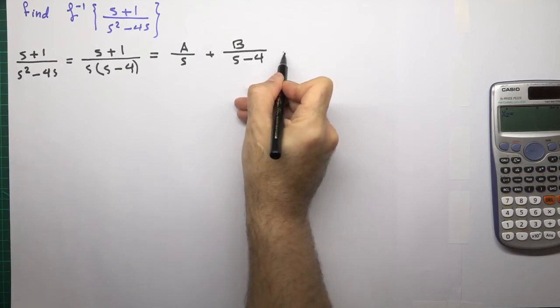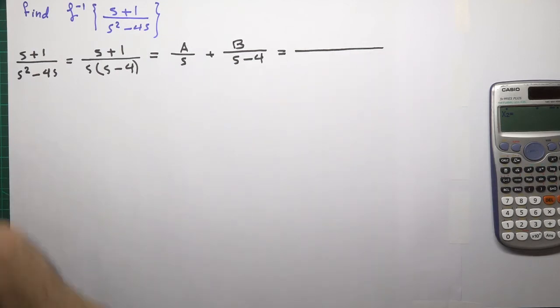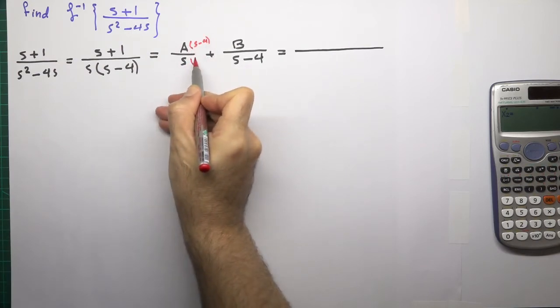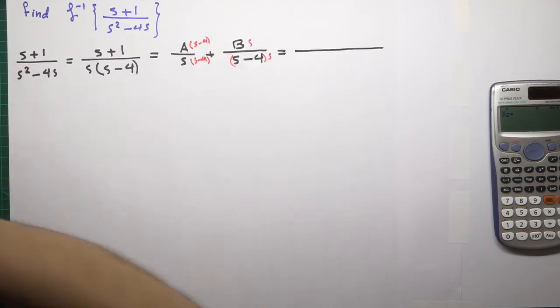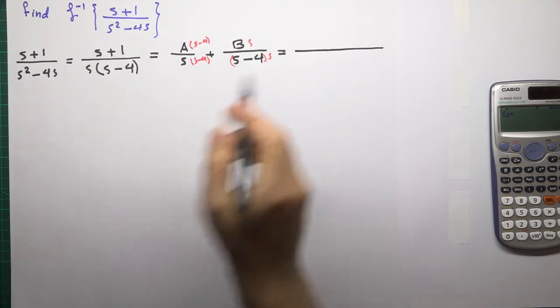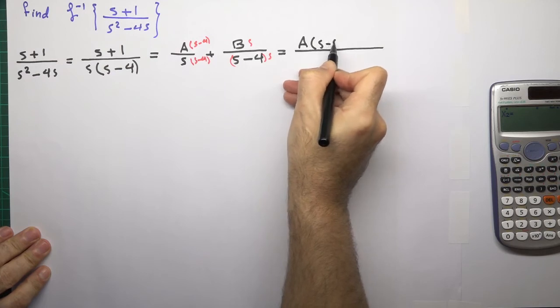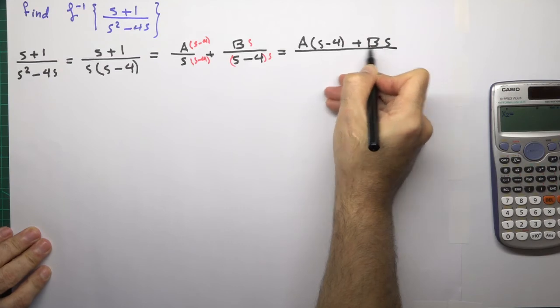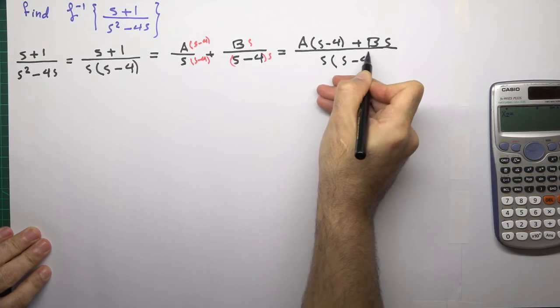Then we will unify the denominator. As you know, I have to multiply A by s minus 4 here, and here by s minus 4 as well, and B here by s. It will be simply A times s minus 4 plus B s, divided by s times s minus 4.